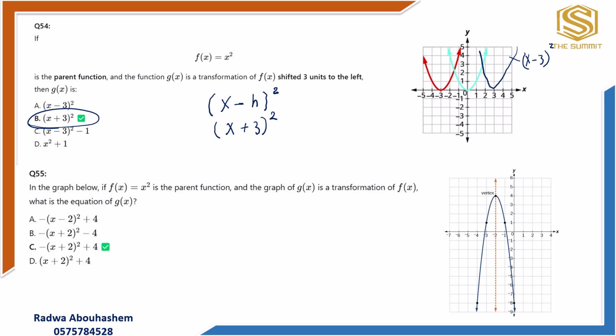Now here in the graph, function f of x equals x power 2, and the graph of g of x is a transformation of function f of x. Okay, good. The original or parent function is supposed to be like this, right? The vertex is 0 and 0. Now let's see what happened. I moved from here to the vertex now is -2 and 4. You remember the rule?